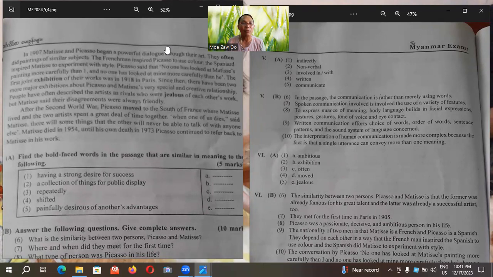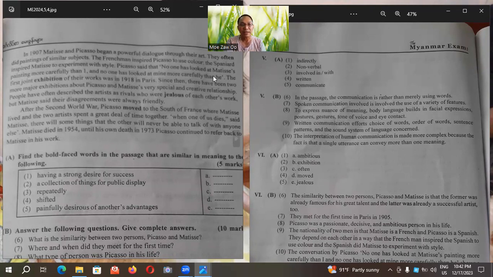After the Second World War, Picasso moved to the south of France, where Matisse lived, and the two artists spent a great deal of time together. When one of us dies, said Matisse, there was something that the other would never be able to talk of with anyone else. Matisse died in 1954. Until his own death in 1973, Picasso continued to refer back to Matisse in his work.